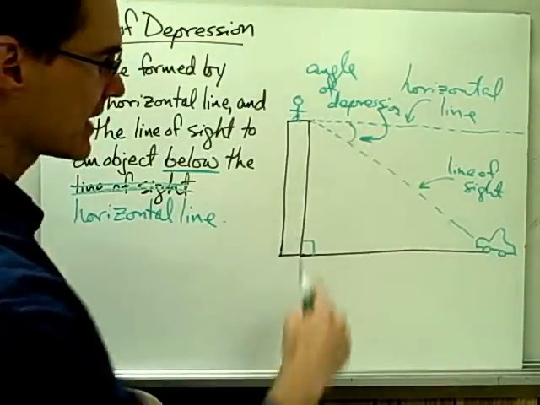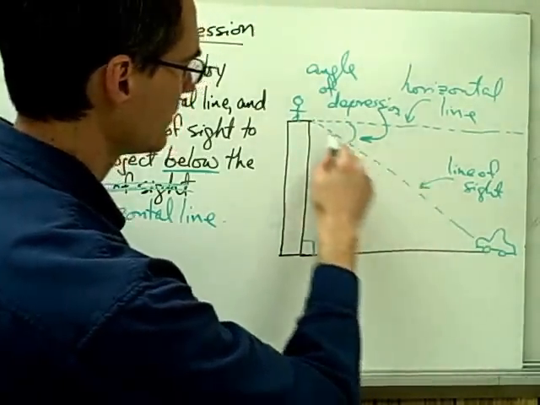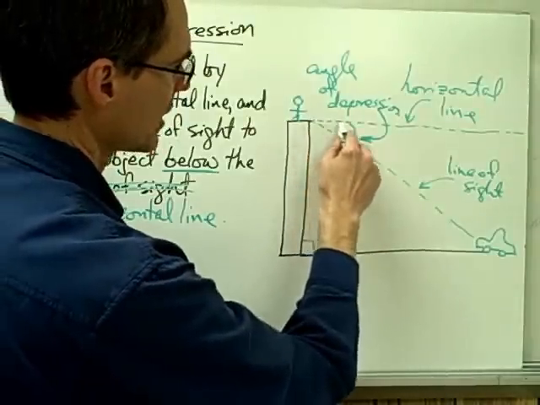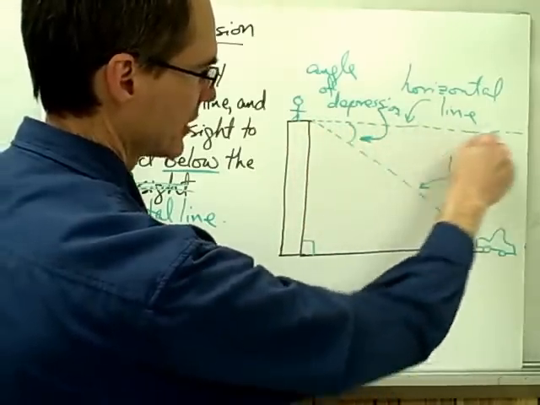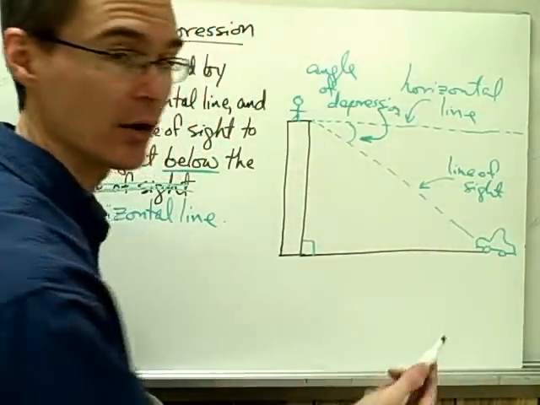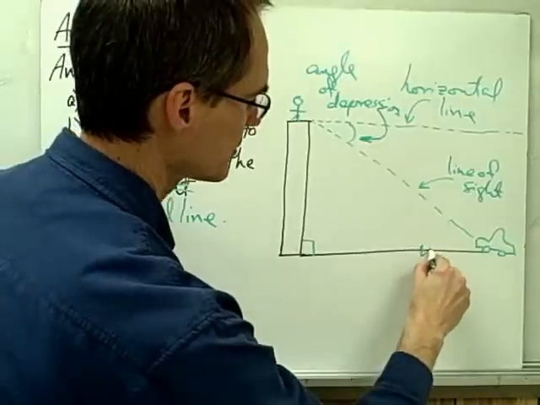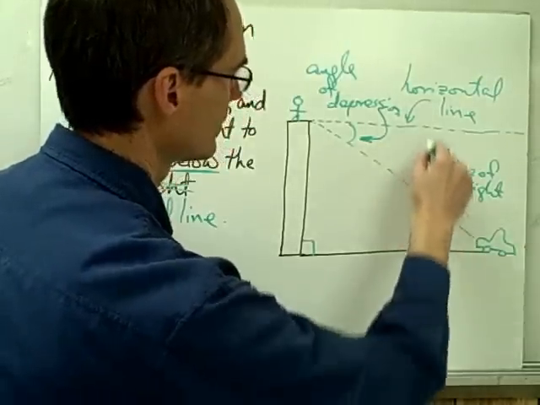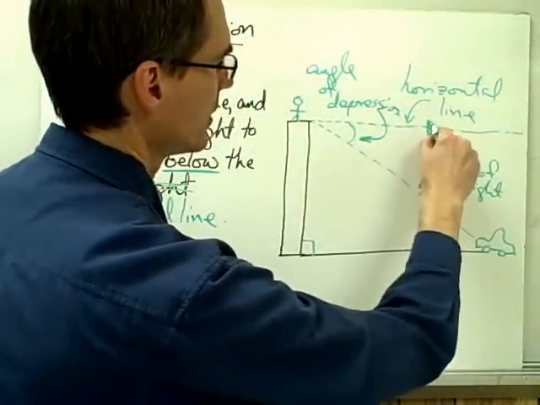Well, it turns out that's not as big a problem as you might think, because this horizontal line, my imaginary line up here at the top, and this horizontal line down here, the ground, these two lines are parallel.